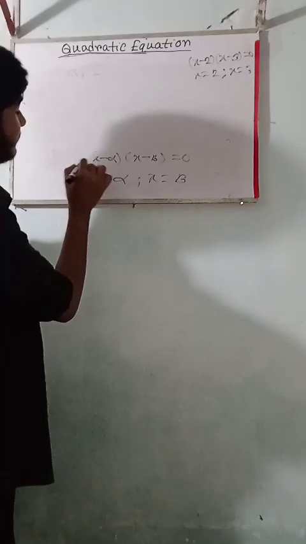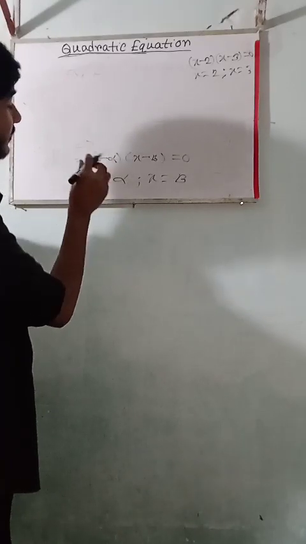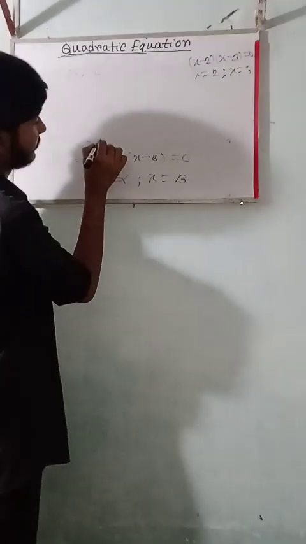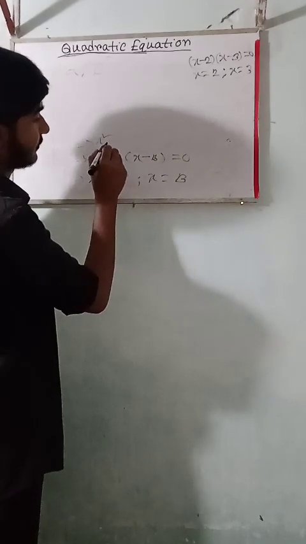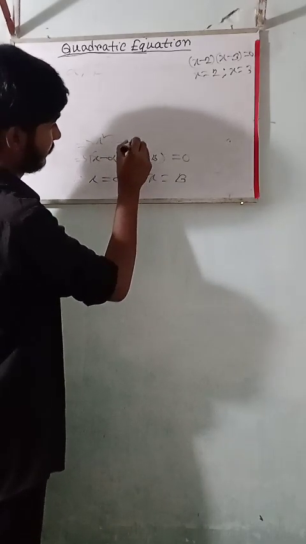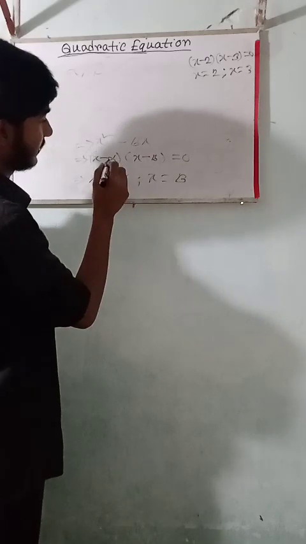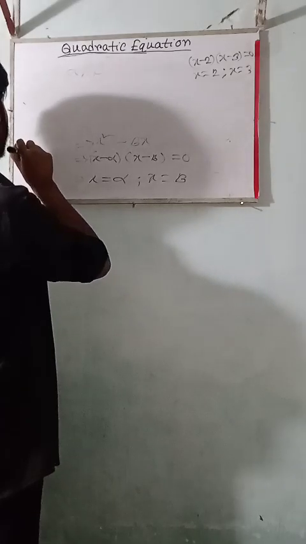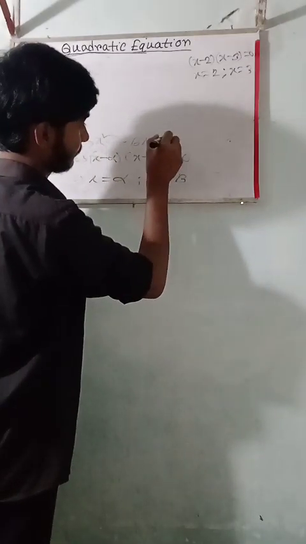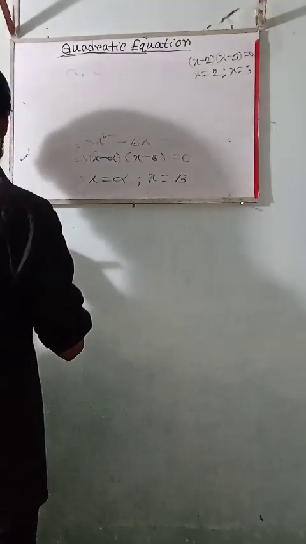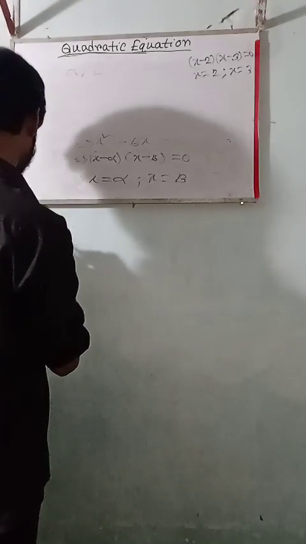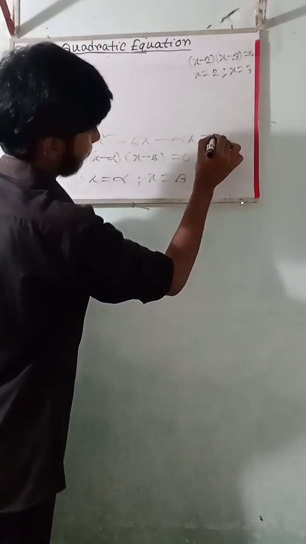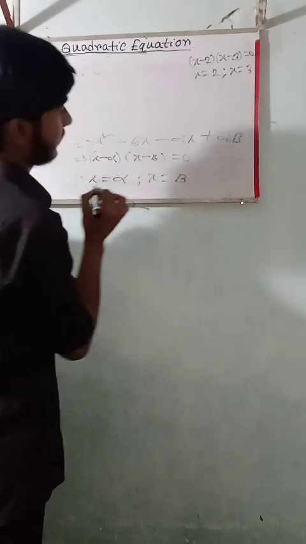As we are reversing this process, in the upper line we can multiply these two expressions. If we multiply these two expressions, then it will be x square minus beta into x and minus alpha x minus alpha x plus alpha beta.